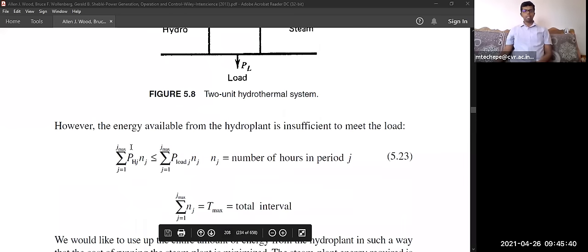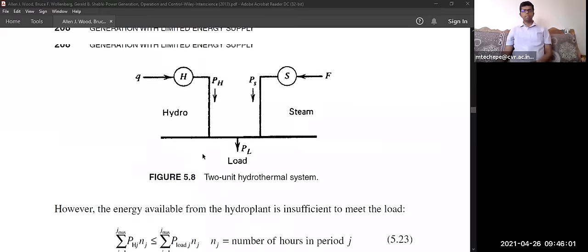And here, sigma j equal to 1 to j maximum, PHj into Nj is less than or equal to sigma j equal to 1 to j maximum, P load into Nj.